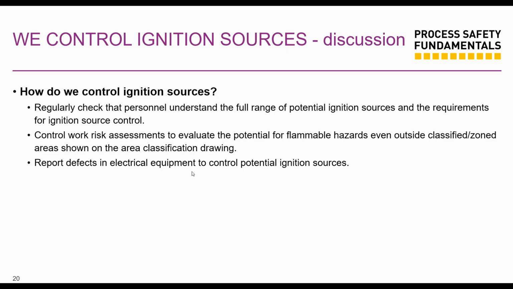Electrical equipment can bring sparks, and that could also ignite flammable gas. So make sure that you have no wires that are frayed, and no faulty electrical equipment. You want to make sure that you have controls in place to eliminate those ignition sources.